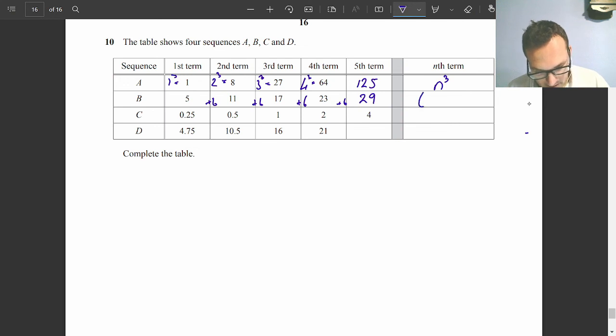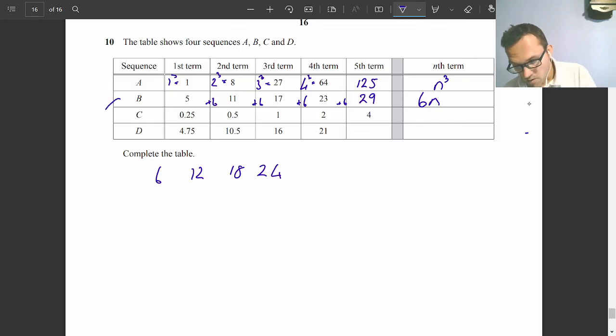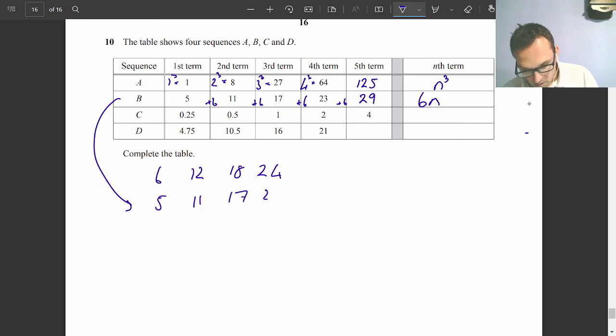Okay, it's 6n because it is exactly like the 6 times table, which goes 6, 12, 18, 24. Our sequence is 5, 11, 17, 23. Exactly one less than the 6 times table. That's why you put a minus 1 at the back.